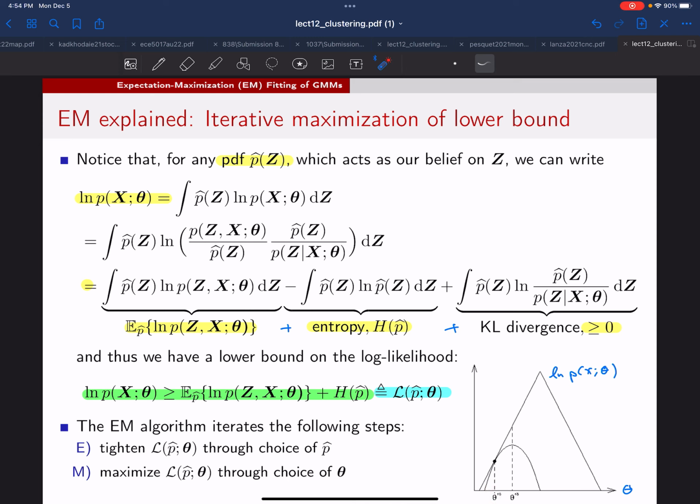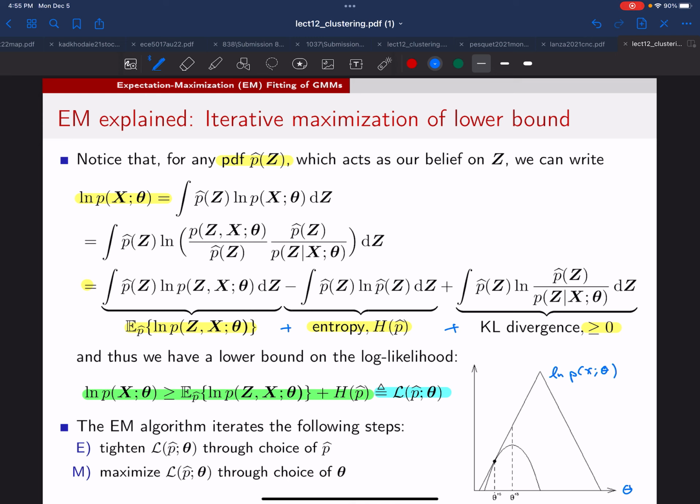Then what we're going to do is we're going to come up with a lower bound that is tight at theta. So we're going to construct, in this case, this quadratic function that you can see. It lower bounds our log likelihood, but it actually is a tight lower bound at that point.